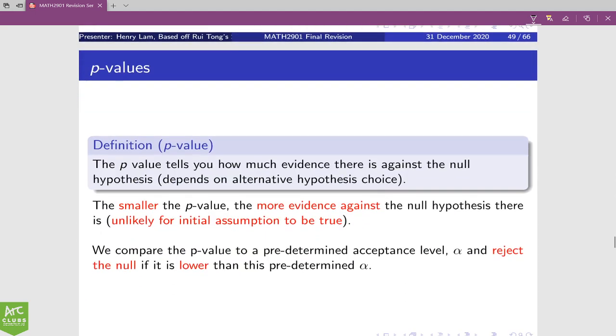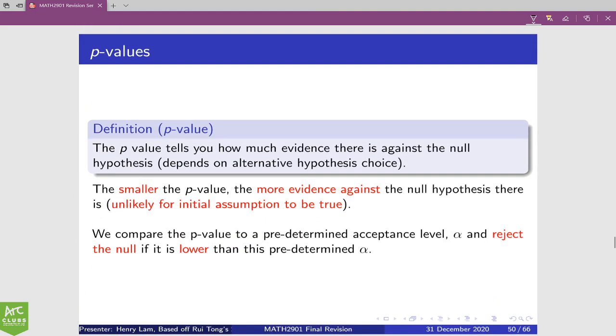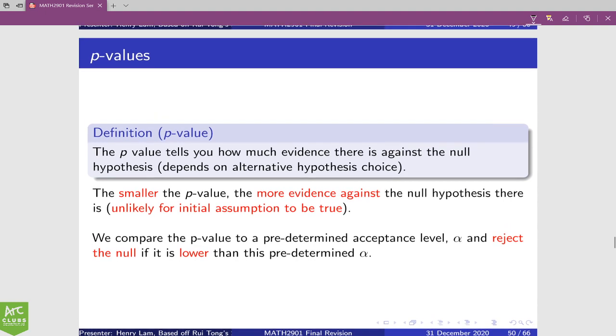right? So we just talked about p-value. The p-value is pretty much the thing, it's one of the two things, you can choose either or, you would use to test the likeliness of your null hypothesis. And it depends on what your alternate is, right? So the general idea is the smaller the p-value, the more evidence there is against the null, right?